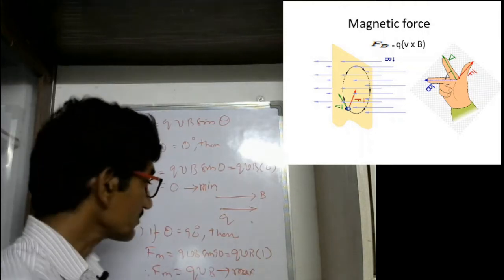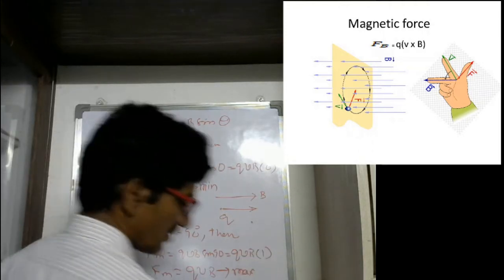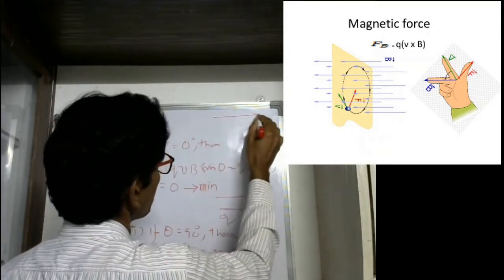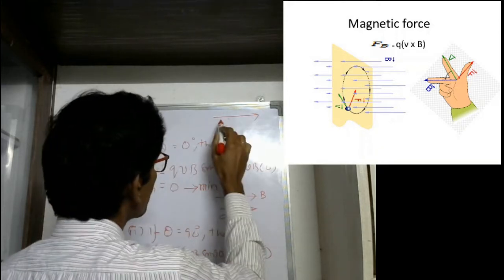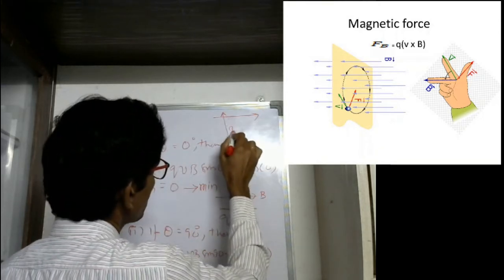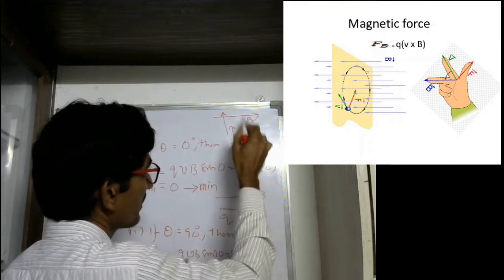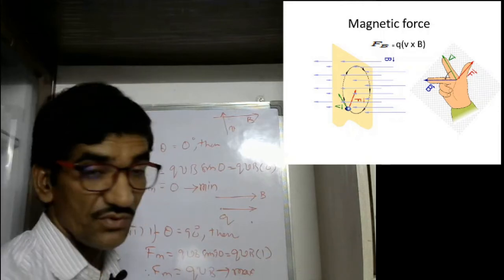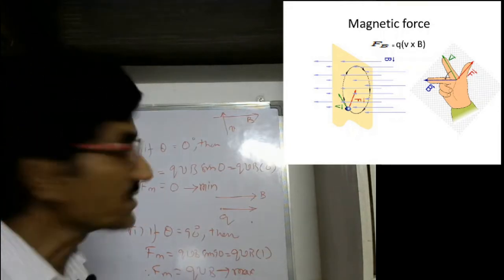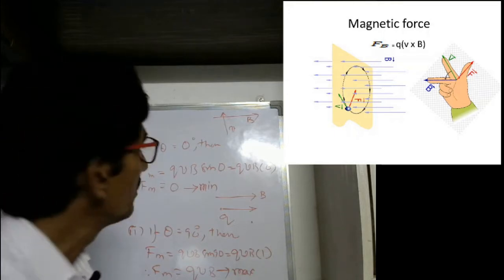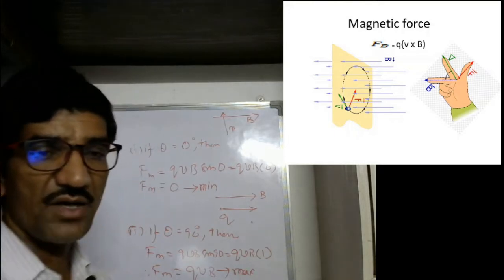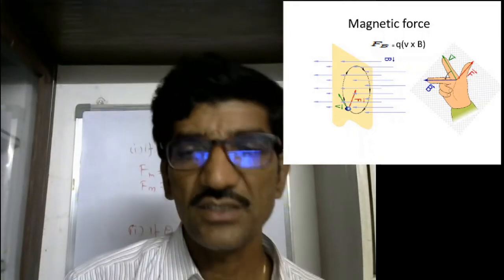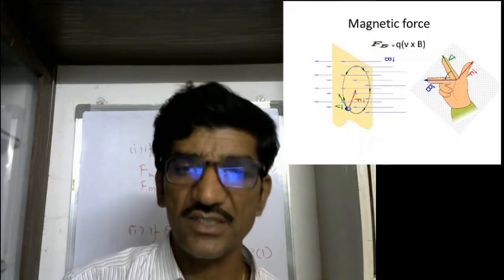See, this is the magnetic field direction. Suppose your particle is moving like this with velocity v, and this is the direction of B. Then how much force acts on the charged particle q? The maximum force acts on the charged particle.